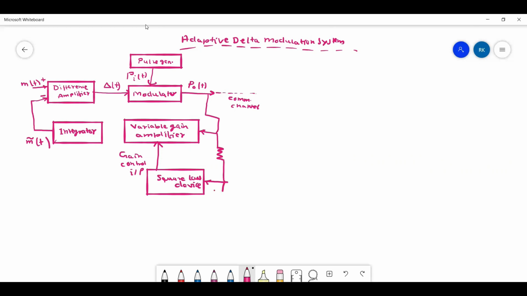There is an RC circuit: a capacitor and a resistor here. This whole thing P0(t) is again fed to a quantizer.